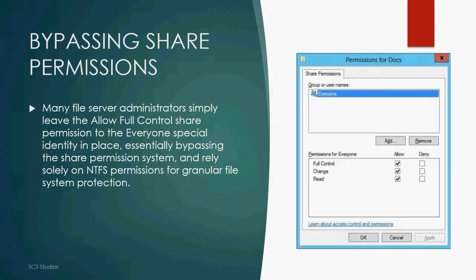So instead of providing permission on the share, they will provide the ACL on NTFS security. That means on the share part, it is shared for everyone, but while they are trying to access that folder or the files in it, they will need NTFS permission to access the files. This is known as bypassing share permission.